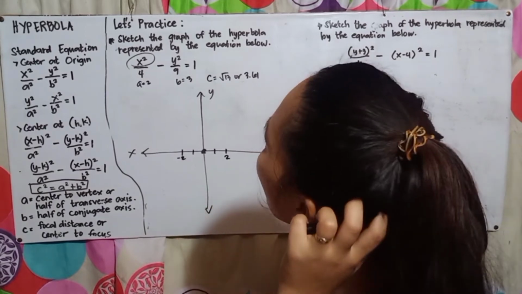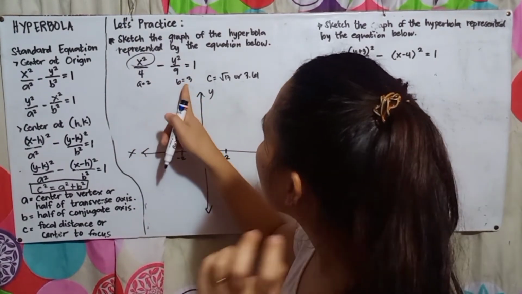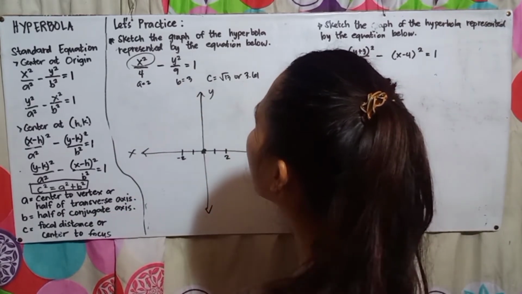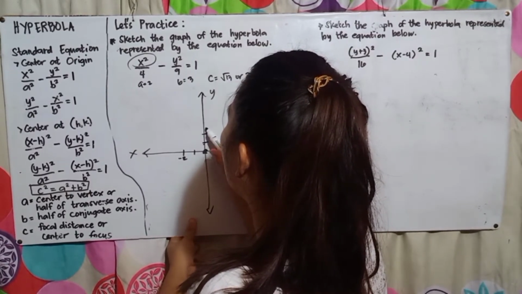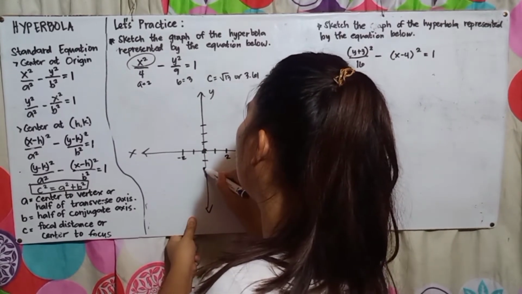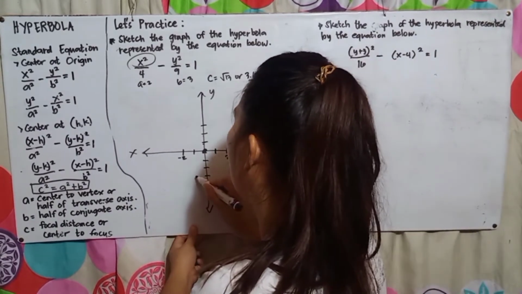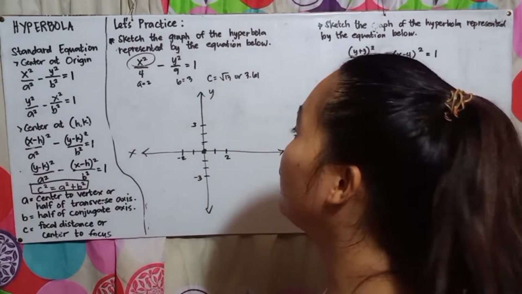Then, our y transverse axis, so from the center to half of the conjugate axis, from the center, mag-count of 3. 1, 2, 3. 1, 2, 3. So, negative 3, positive 3. So, na-illustrate na pala natin kanina, no?